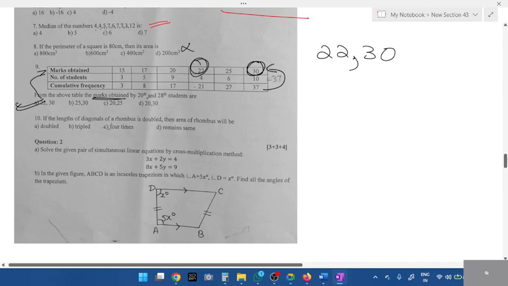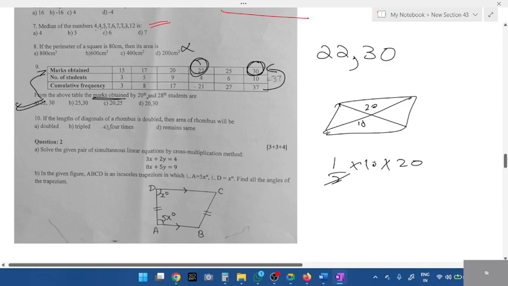If the length of the diagonal of a rhombus is doubled, okay, the answer for this is 4 times, students.